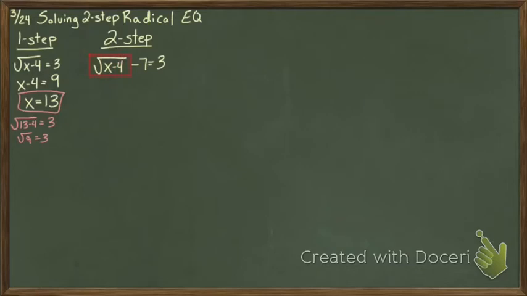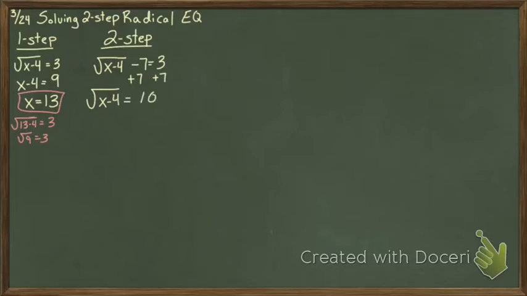These steps are very similar to if I had x in there and I'm solving for x, then I would just add 7. And I'll expand on that a little bit more, just kind of that mindset. So the first thing I'm going to do, again, is I'm going to add 7 to both sides. So now I have the square root of x minus 4 equals 10.